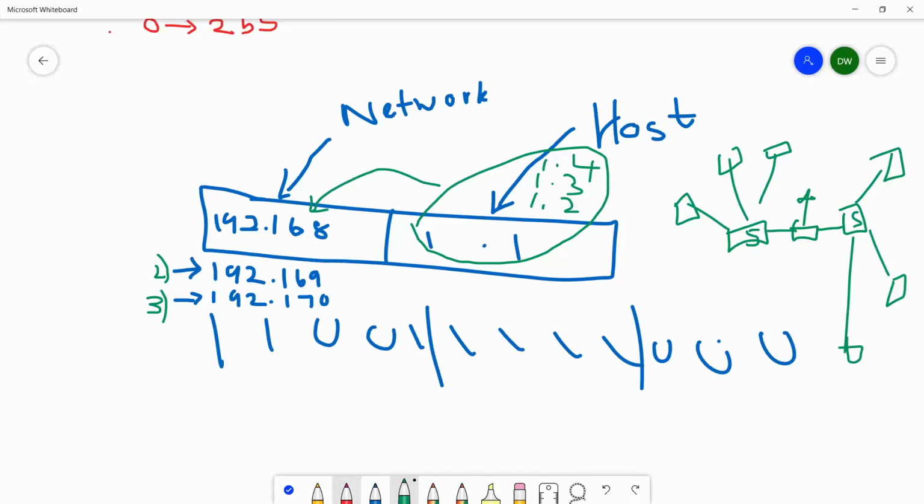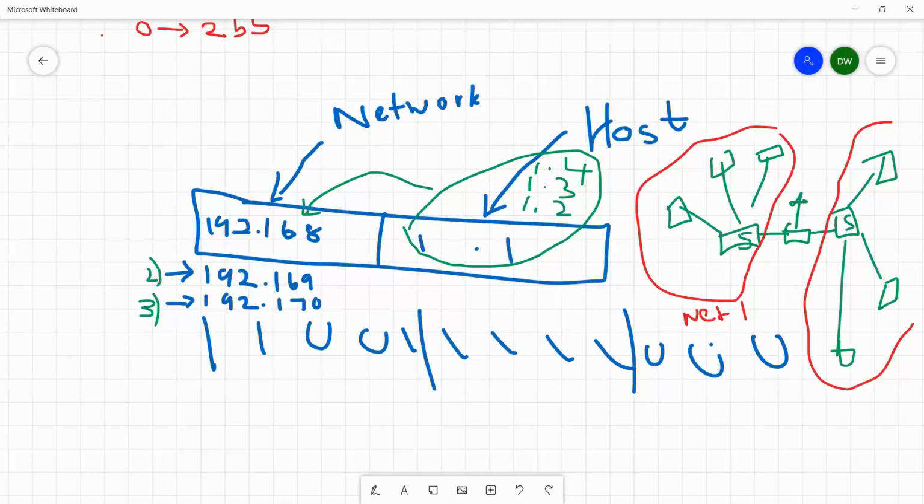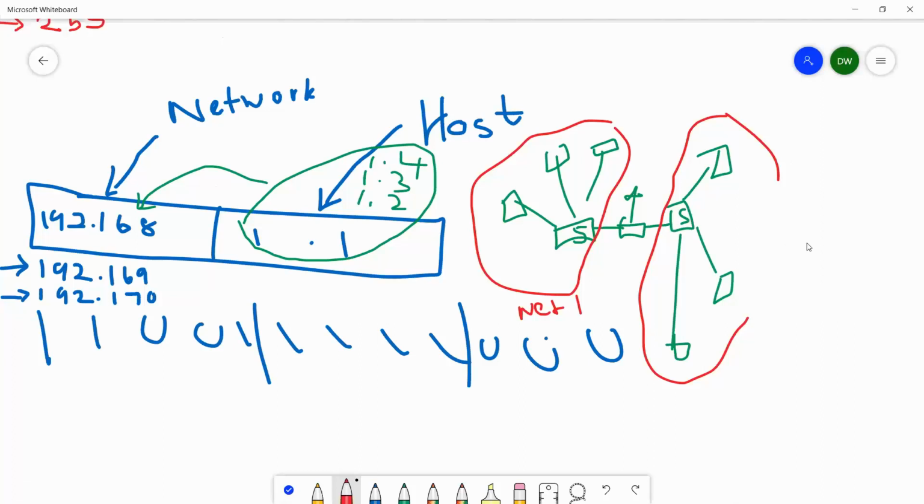So here you have one network. This is called network 1. Let's say here you have another network, your network 2, right? So you have 2 networks now.